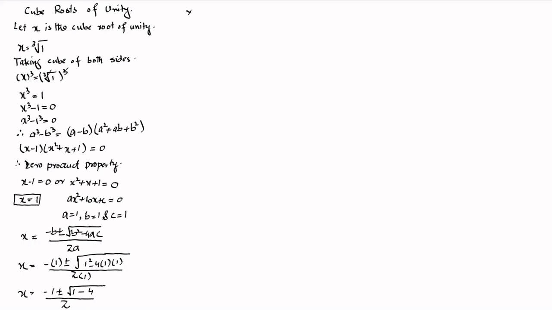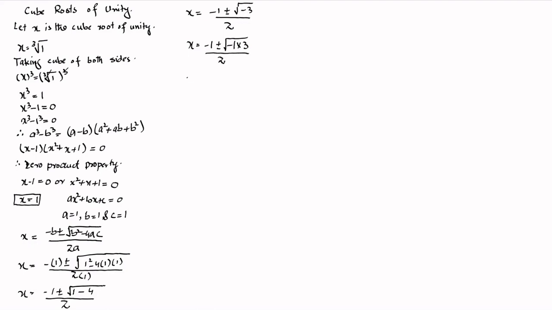So x is equal to minus 1 plus minus square root, and 1 minus 4 is minus 3, divided by 2. Minus 3 can be written as minus 1 multiplied with 3.